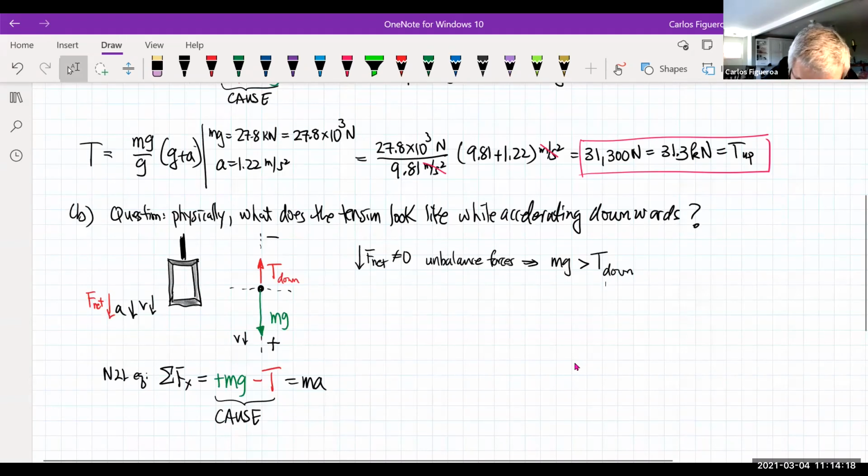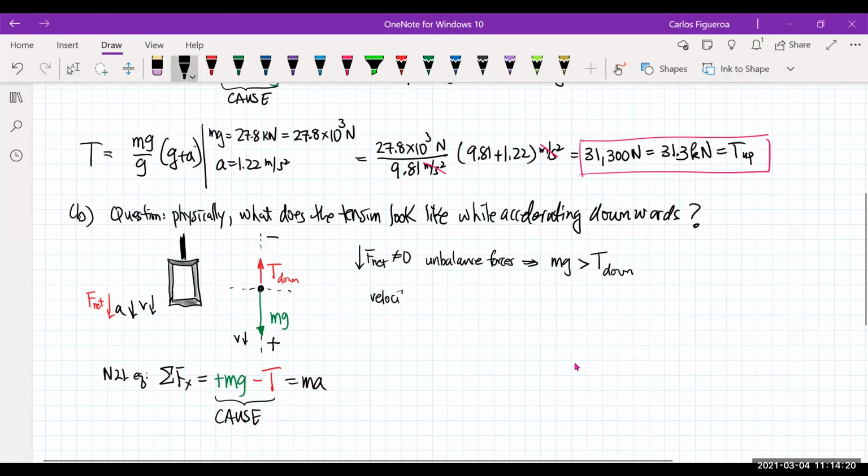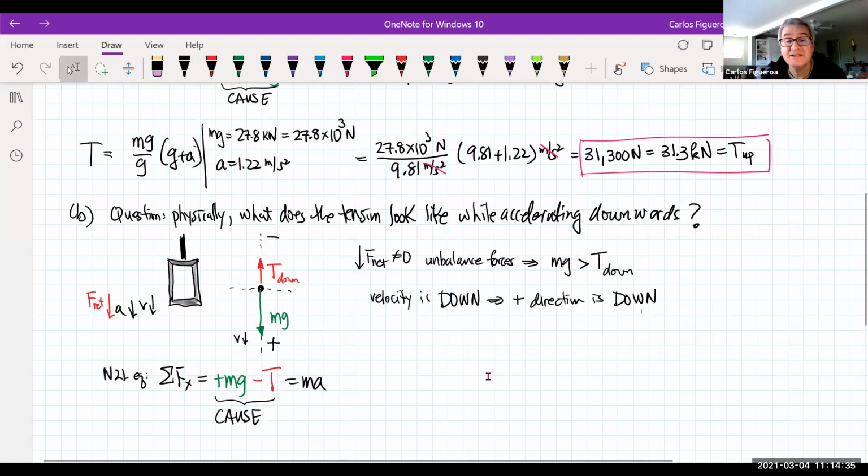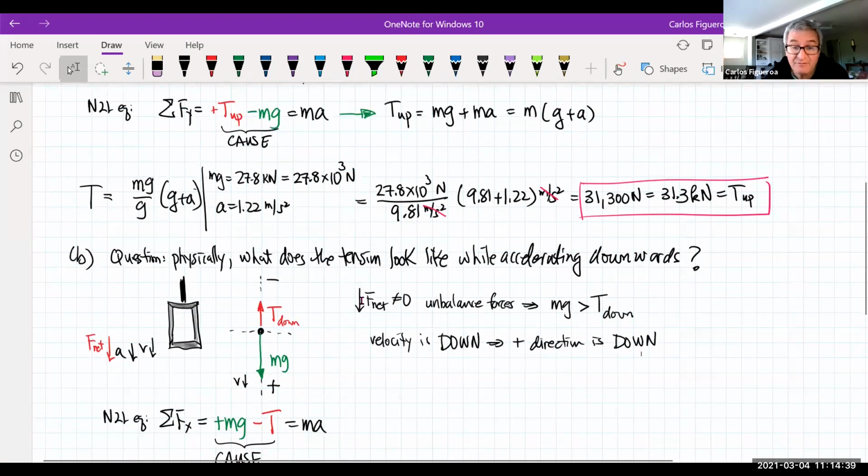Again, velocity direction is down. That tells me positive direction is down. So note, gravity in this case is positive. Gravity in the previous case was negative.